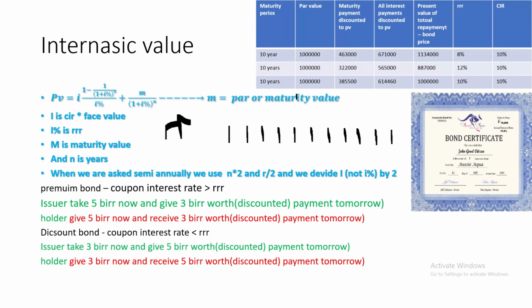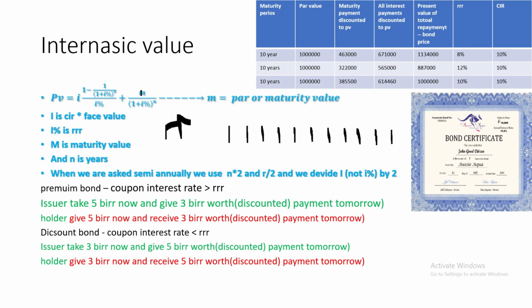So what we will do is discount all of the interest payments in this 10 years period. We discount year 2, year 3, year 4, year 5, year 6, every interest payment, this 100,000 periodic interest, to the present value first. That will be done using this formula. Plus, this is the formula we use to discount the last maturity payment to the present value.